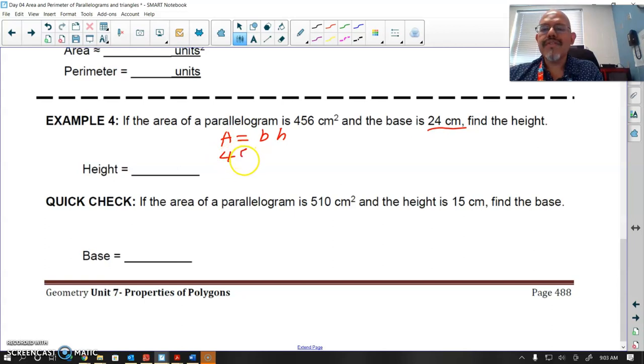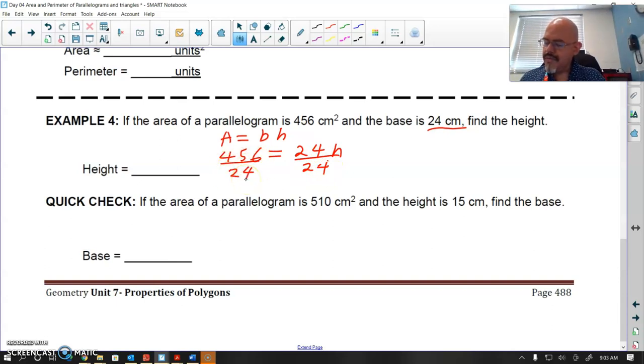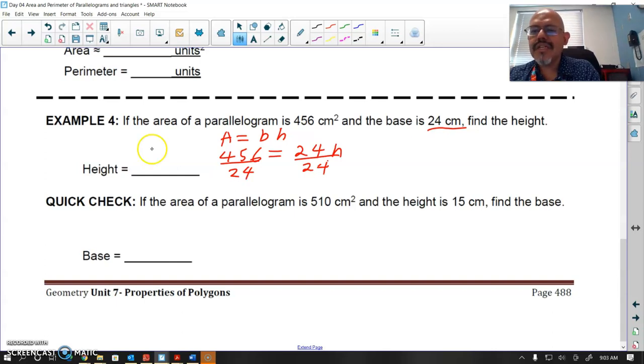So 456 is equal to 24 times our height, whatever that may be. So we're going to divide both sides by 24. 456 divided by 24 is 19. So our height is equal to 19 units, or 19 centimeters.